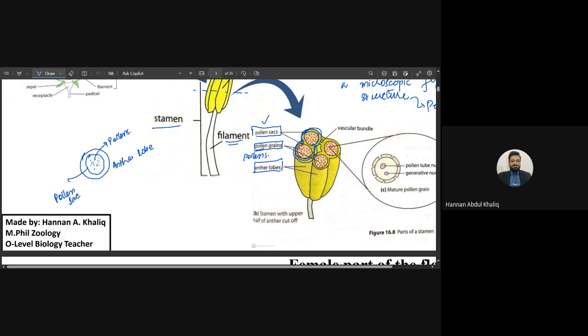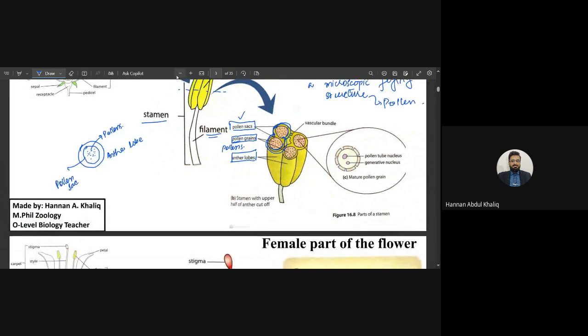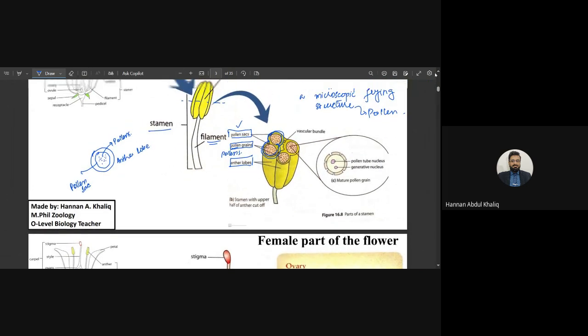Now, I have said that the pollen grains are flying microscopic particles. But the pollen grains contain the sperms, but not directly the sperms. Remember, the pollen grains are actually unicellular structures.